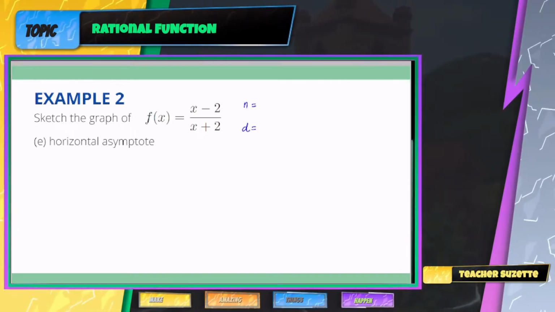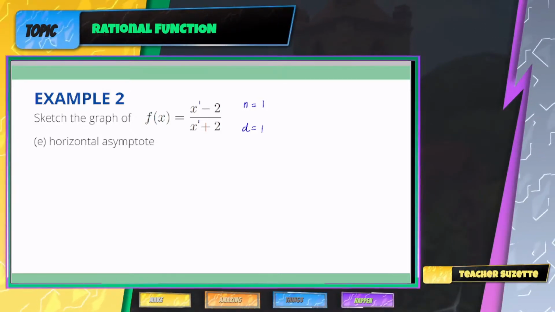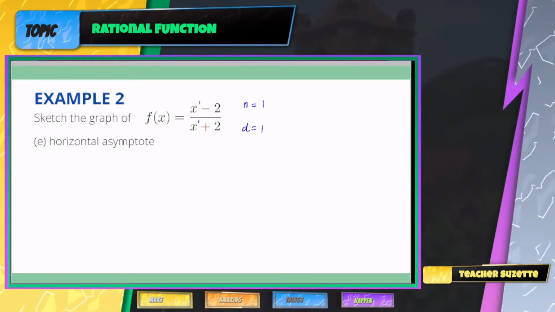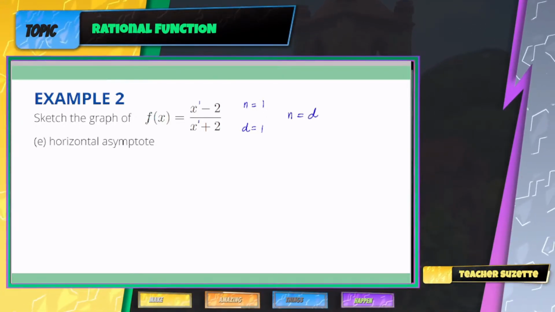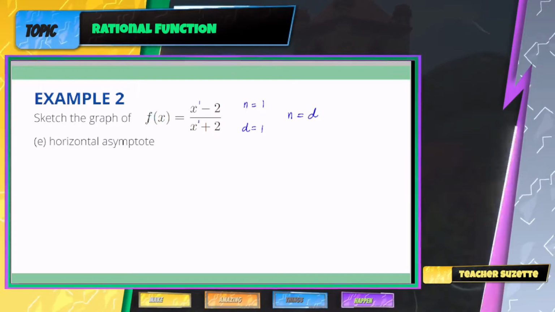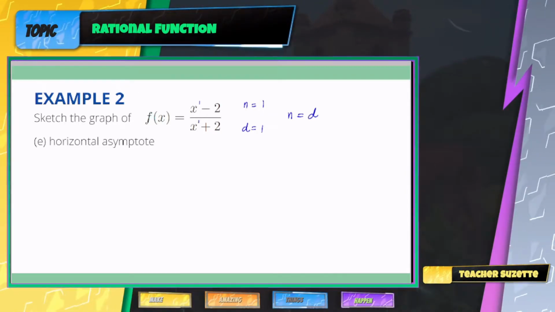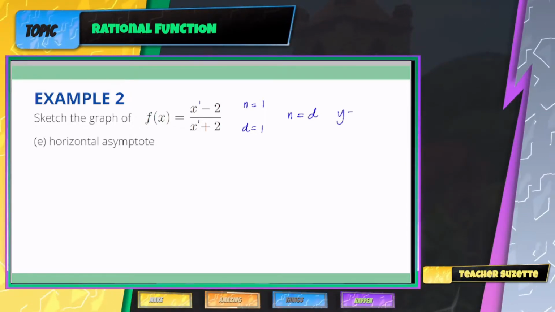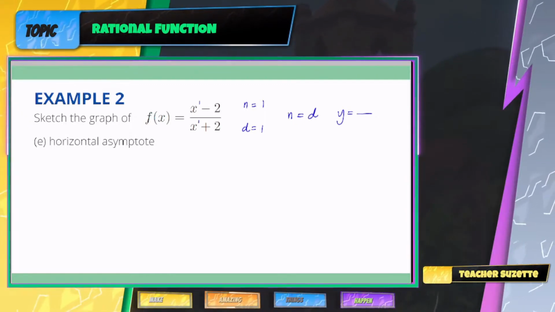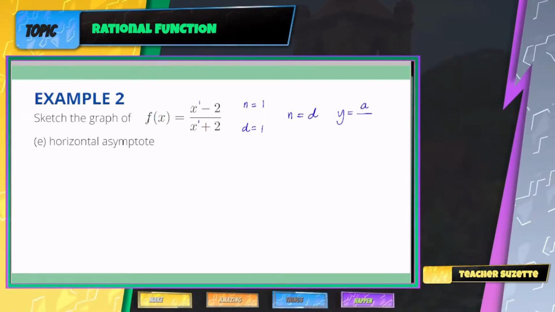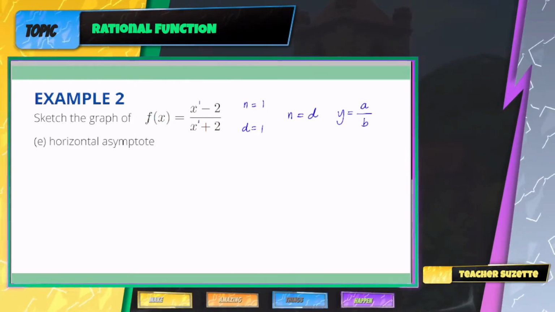For this case, you will notice that the degree of both our numerator and denominator is 1. So n is equal to d, and according to what we learned in our previous video, when n and d are equal, you can solve for y by dividing the leading coefficient of your numerator by the leading coefficient of your denominator.